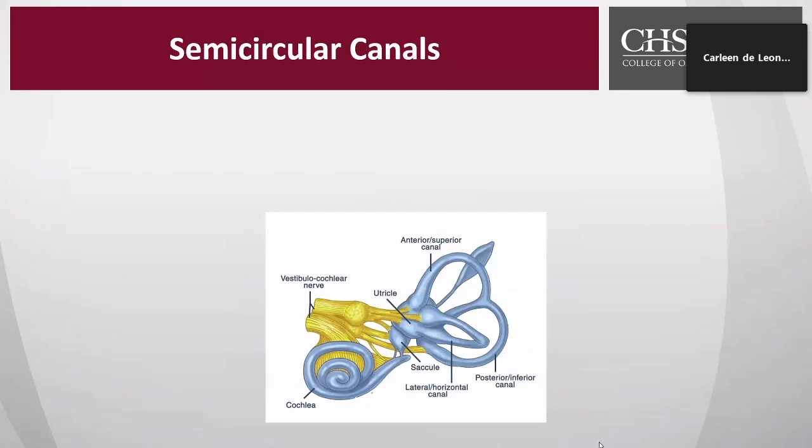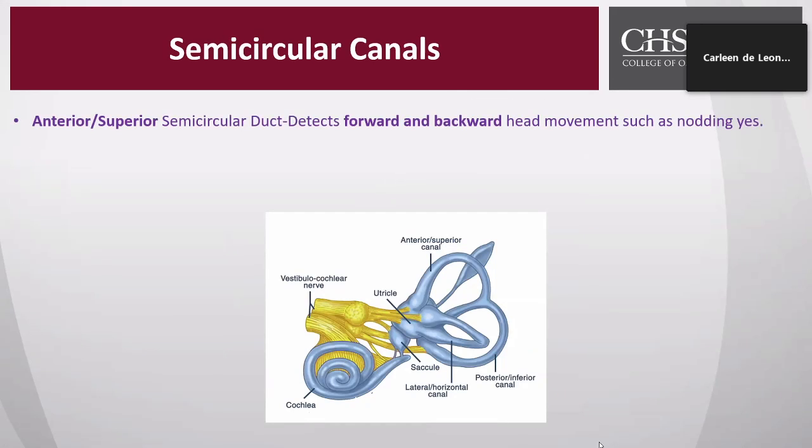This is really good to know too. You want to know what each canal does. The anterior or superior duct detects forward and backward movement, such as nodding yes. So when you nod yes, that's your anterior semicircular duct.